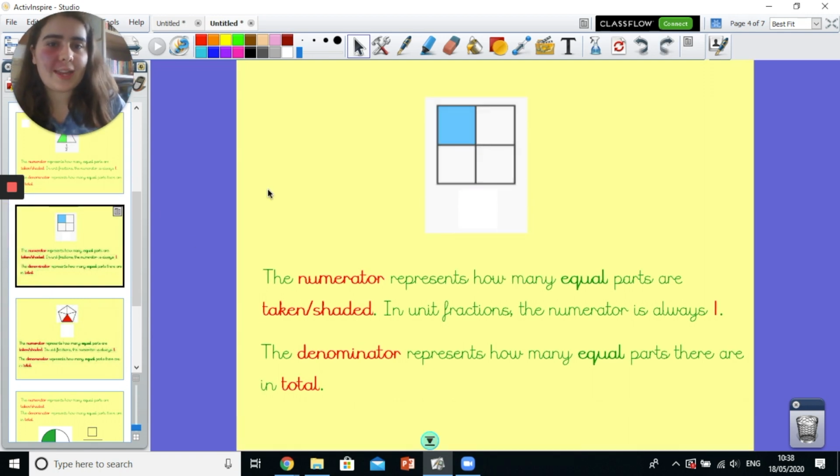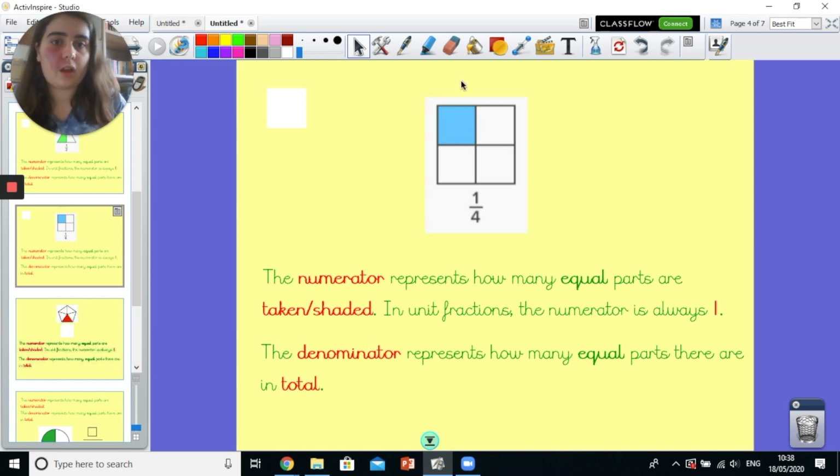What about this square here? What fraction does the shaded part of the square represent? It represents 1/4. How many parts has our square been divided into? It's been divided into 4 parts, so our denominator is 4, because the denominator represents how many equal parts there are in total.